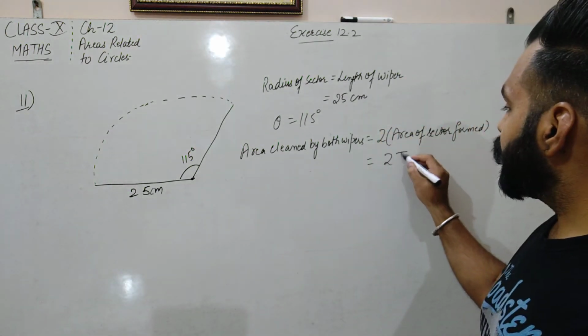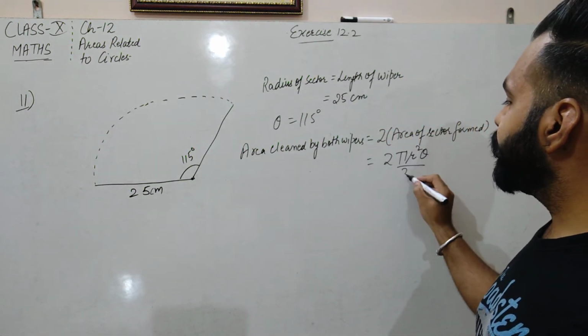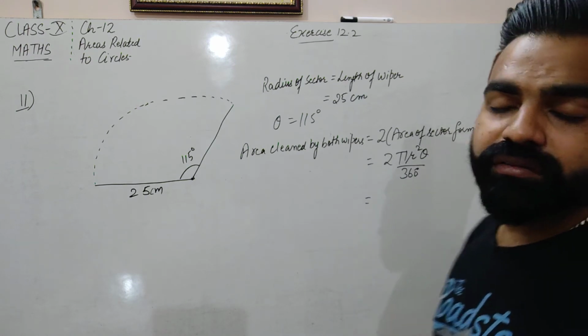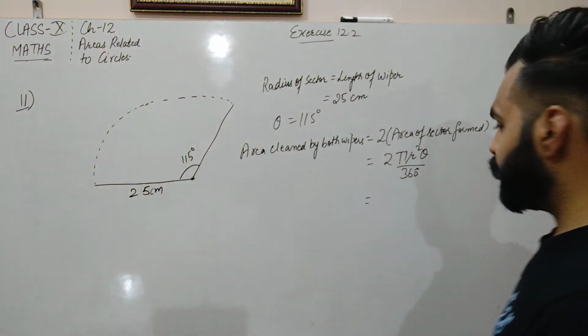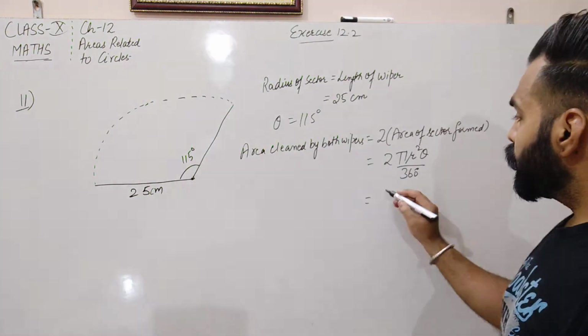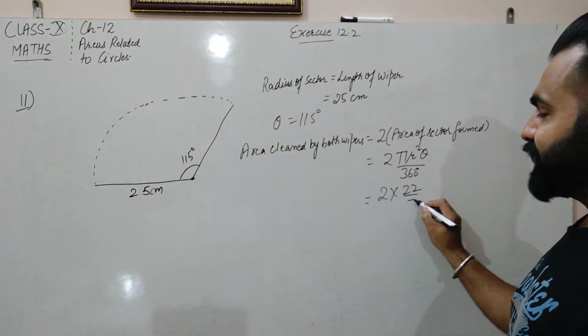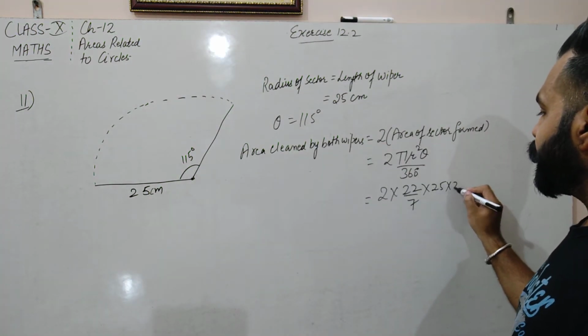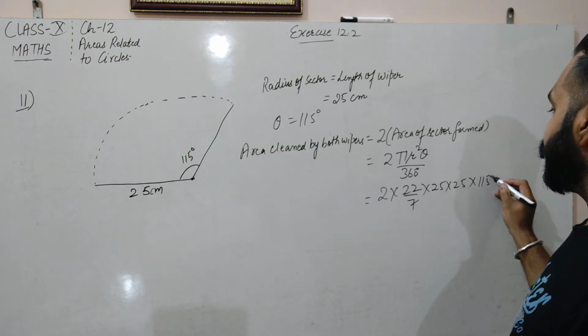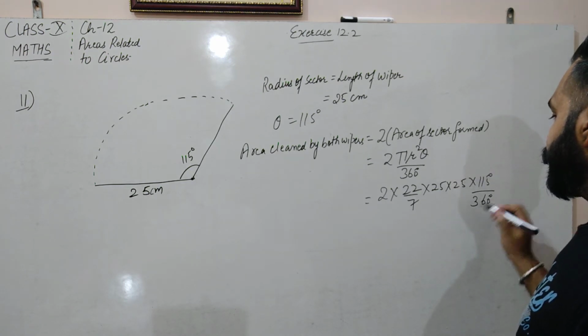So this will be 2 times pi r square theta divided by 360. Put the values of pi, r, theta, we will find our answer. So 2 into 22 by 7, 25 into 25, theta is 115 divided by 360.